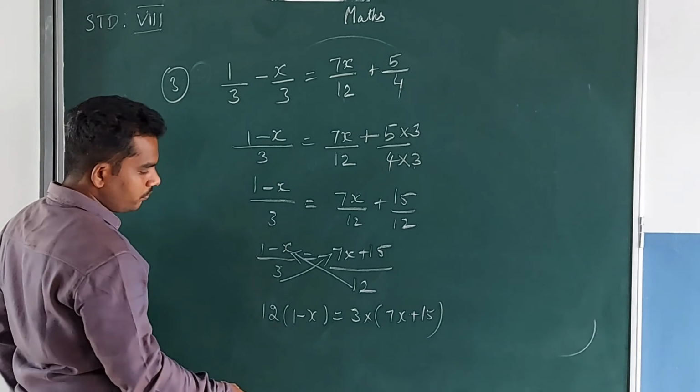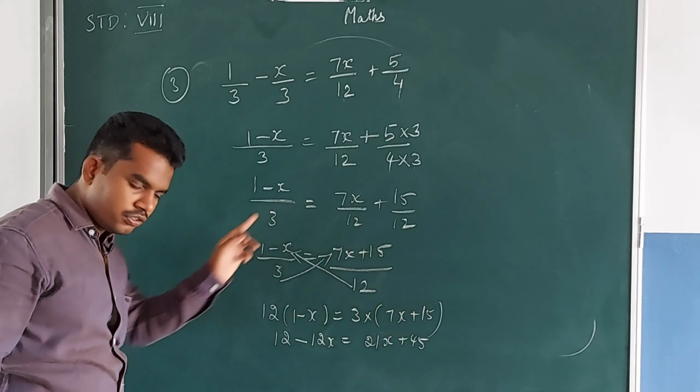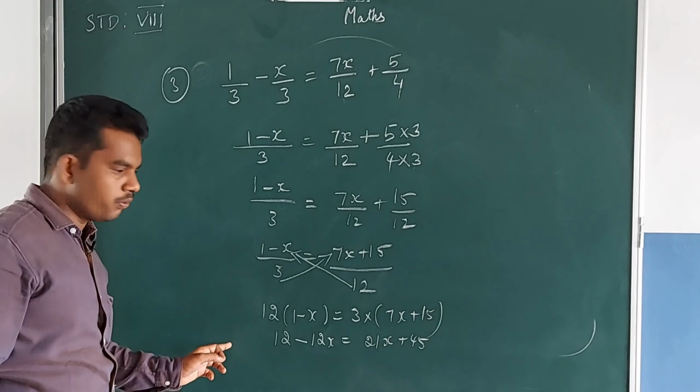Okay, next arrange the like terms. One side x, another side constants. Here minus 12x goes to that side, 45 goes to the left hand side. Okay, I write once again 12 minus 12x equal to 21x plus 45. So, 12x goes to this side and 45 goes to this side.